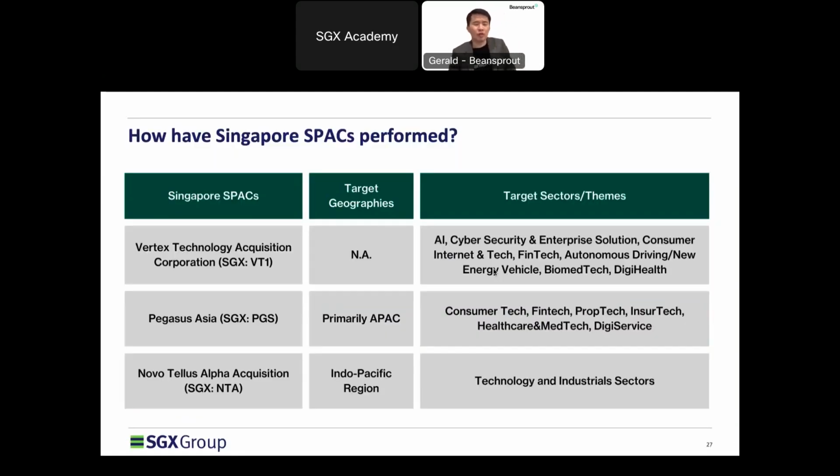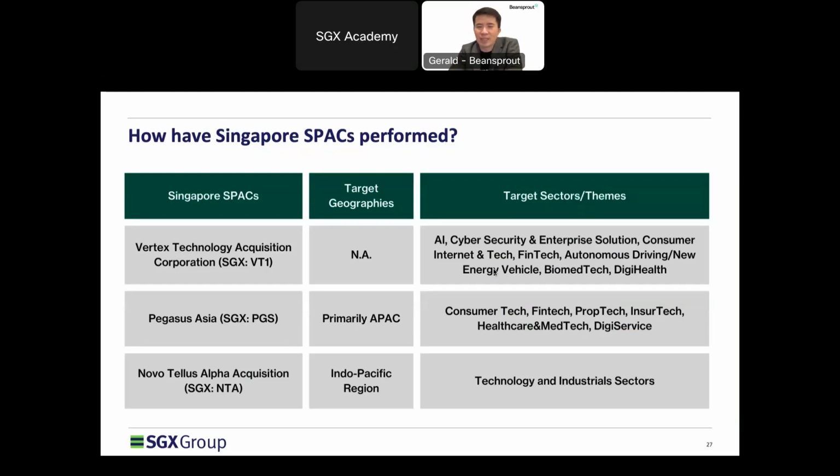Okay, so for those who might not be familiar, there are 3 SPACs that are listed in Singapore. Number 1, Vertex Technology Acquisition Corporation with the ticker VT1. Vertex has not mentioned what geographies they want to be targeting when they initially did the listing, but at that point they mentioned that there are a few sectors that they are looking to acquire from, and this will include AI.